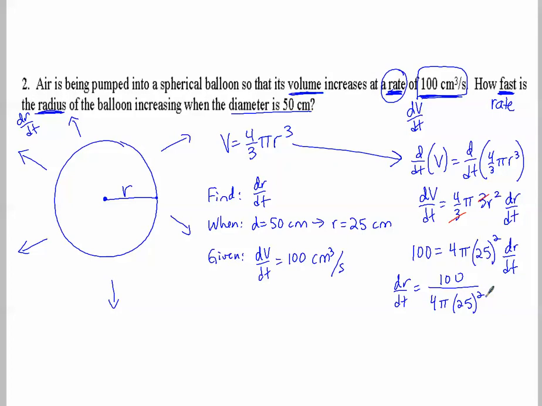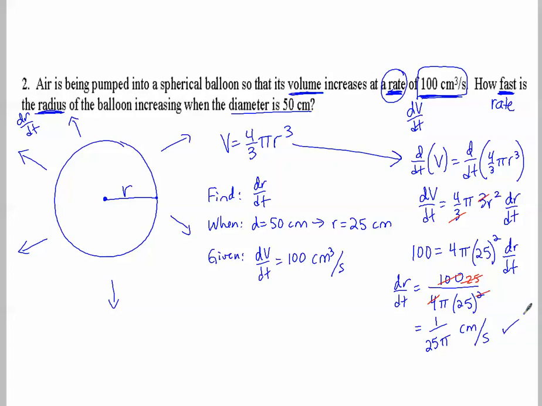Simplify it so that you see an answer that makes a little bit more sense. So we can take 4 into 100 25 times, then get rid of the 25 with one of those 25s, and without a calculator, we can leave a simplified answer as 1 over 25 pi. Now the radius is measured in centimeters, so centimeters per. The time is measured in seconds, so centimeters per second.